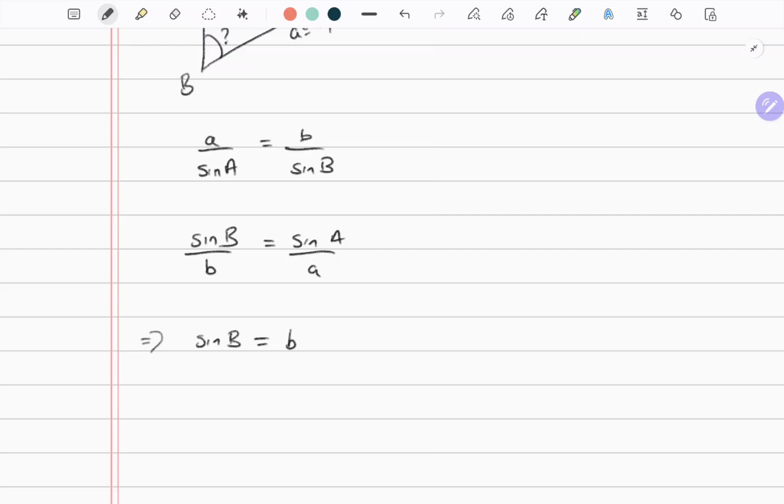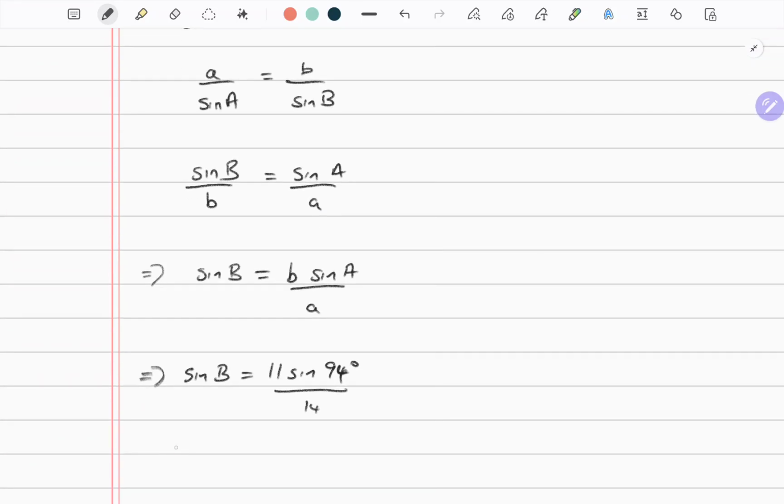That will give us b sine A over a. And then that would be sine B is equal to 11 sine 94 degrees over 14.